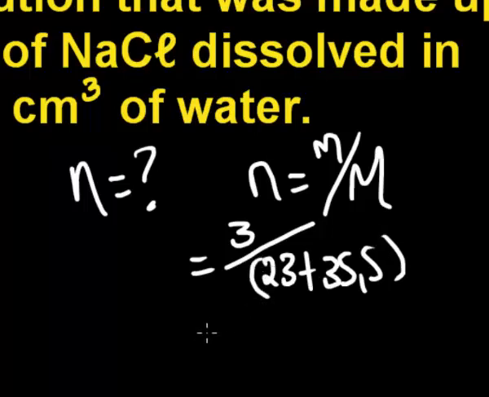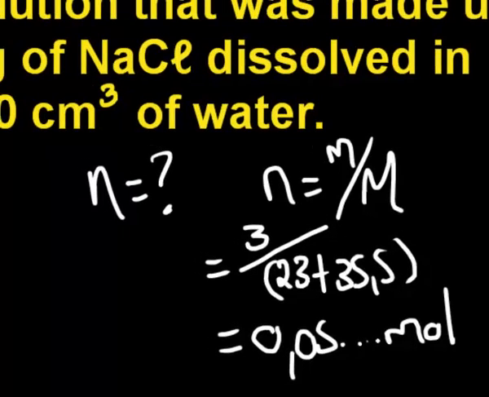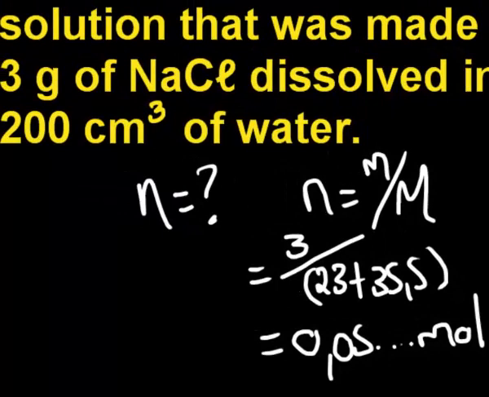Now this ends up giving me a mole value of 0,05 with quite a few decimal places, which you will keep, seeing that this is not my final answer. So this is my amount of moles for the solute. Let's now go and divide it by liters of the solution. And remember, liters means cubic decimeters.